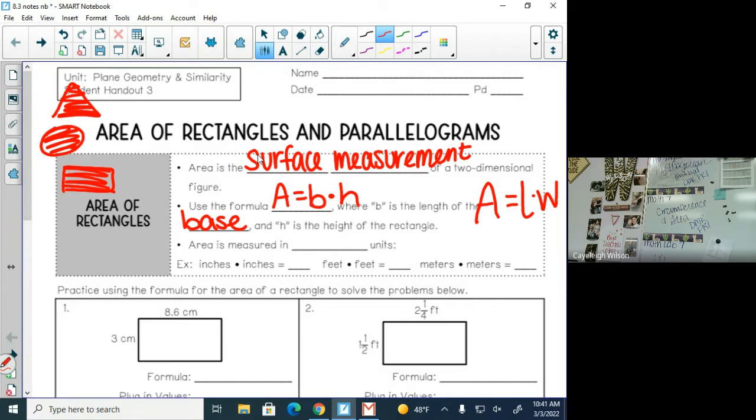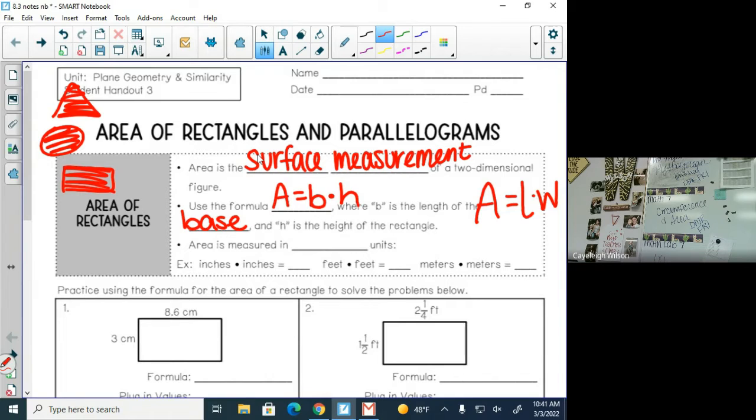So this thing just says base times height. You will most likely hear me say length times width because that's what I was used to. So the length of the rectangle times the width of the rectangle is the area. Okay? Now, we talked about this next part last week as well.